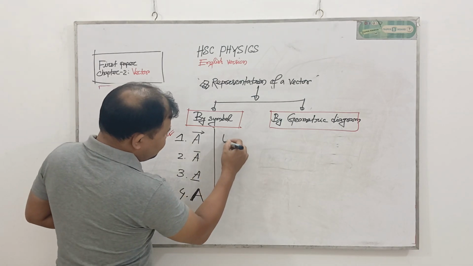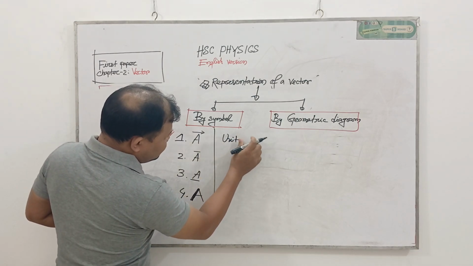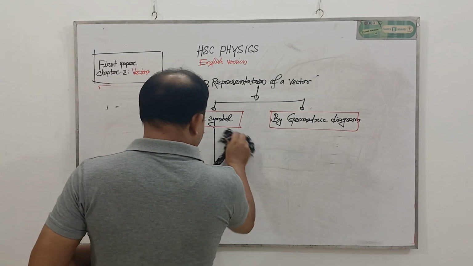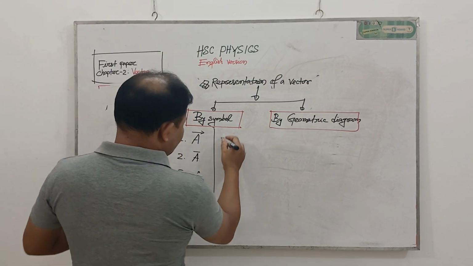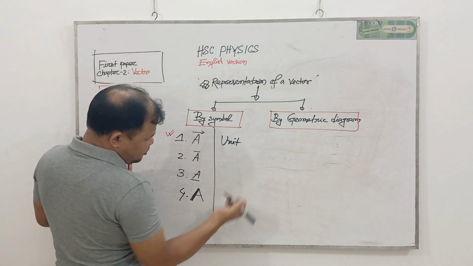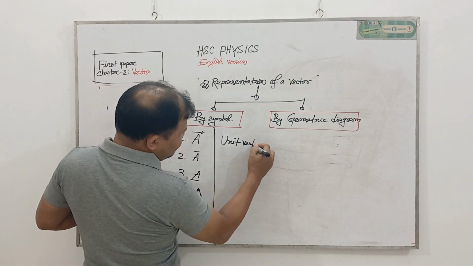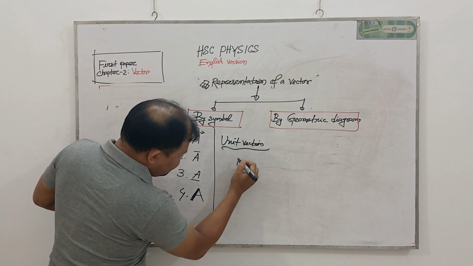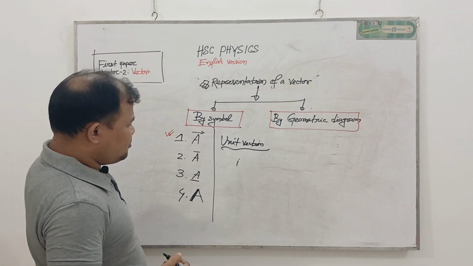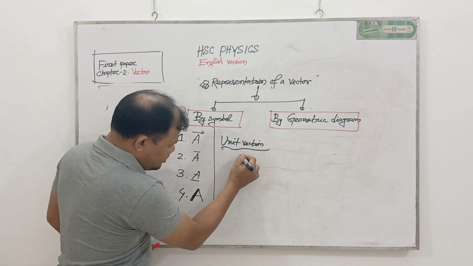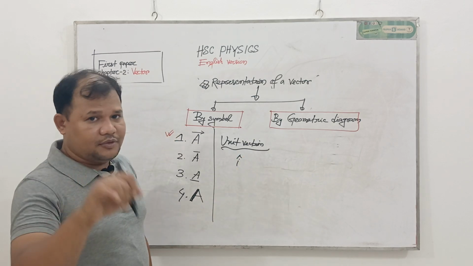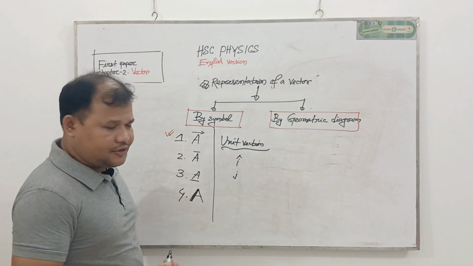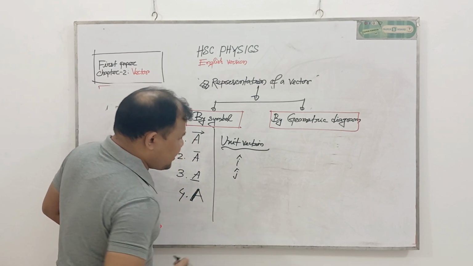In case of representation of unit vector, we use any kind of small alphabet. Suppose we use i and then use a cap sign at the top of this small letter. If we write small letter j, then we write a cap sign.